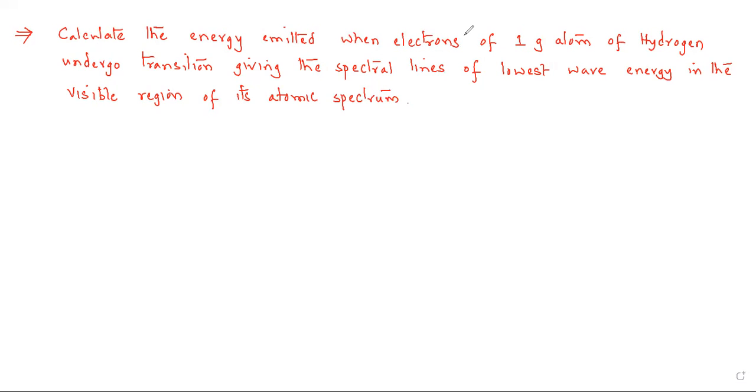This is interesting. We'll go for expression for energy now. But here there is one more interesting point. They have not just given one hydrogen atom, 1 gram atom of hydrogen, which will have Avogadro number of atoms, N0, or you can use NA term.